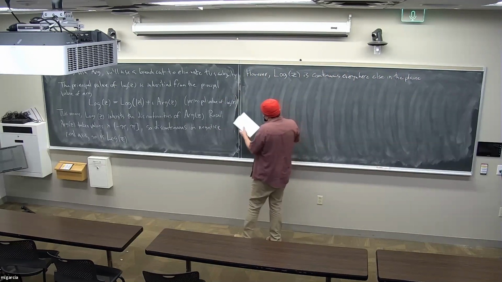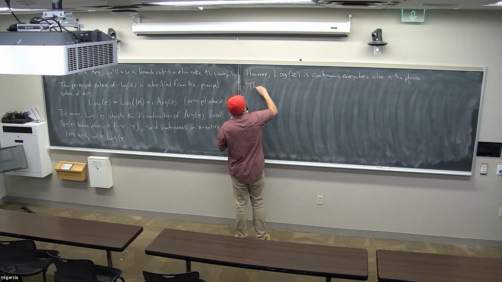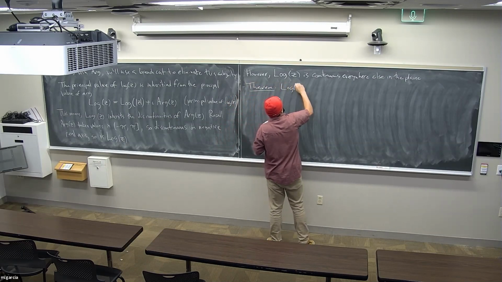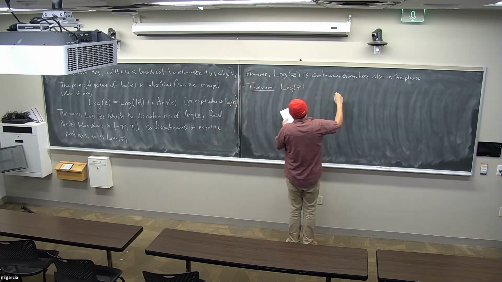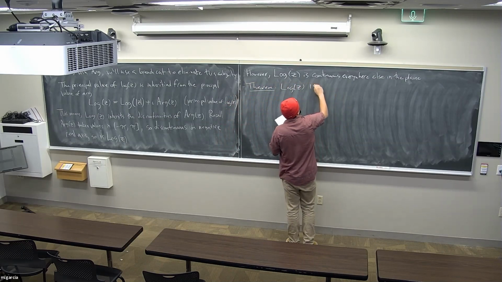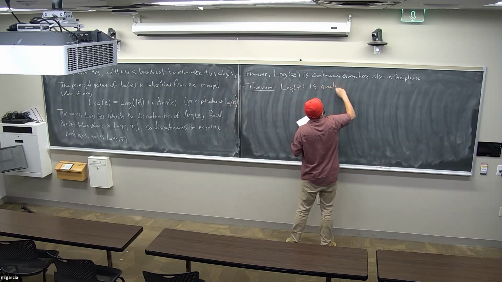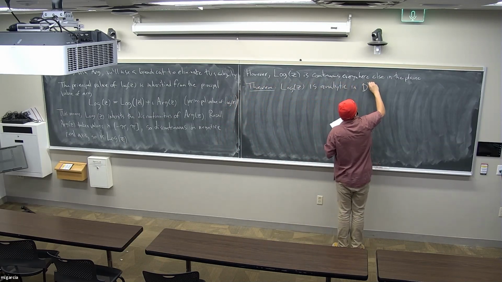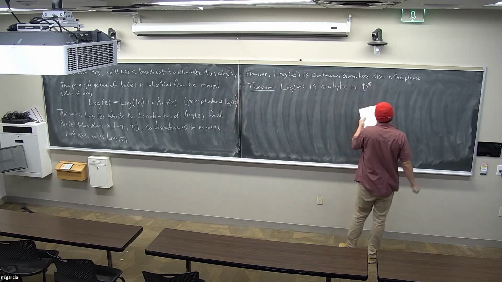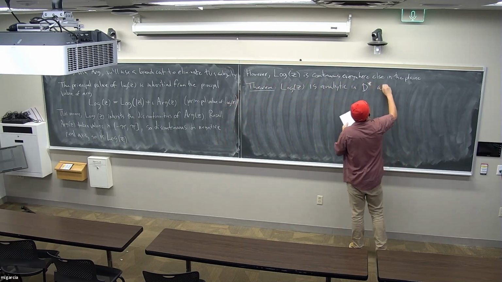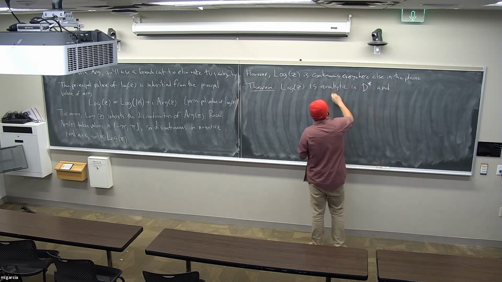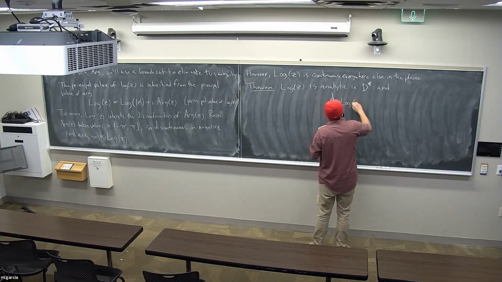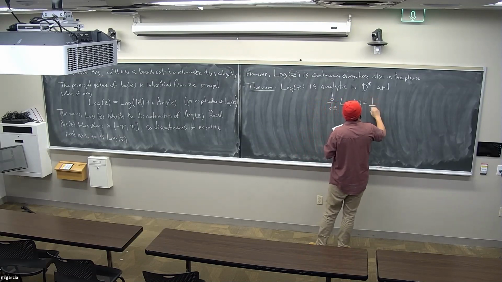And in fact, log z, the principal value, is analytic in a domain which we'll call D star, and the derivative is just 1 over z.